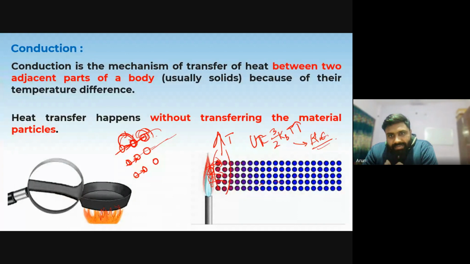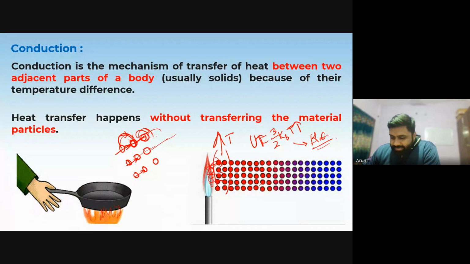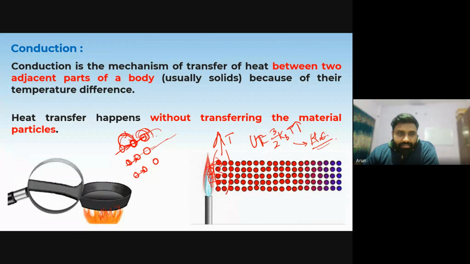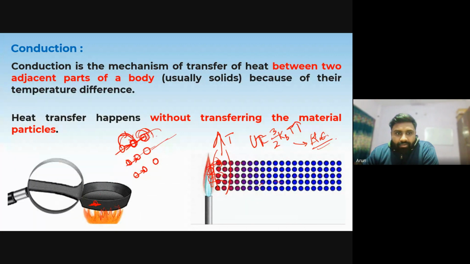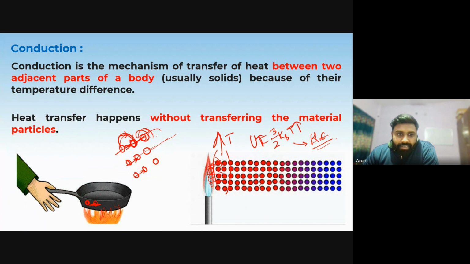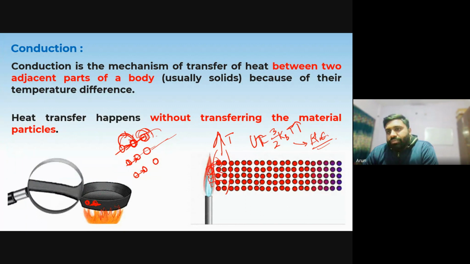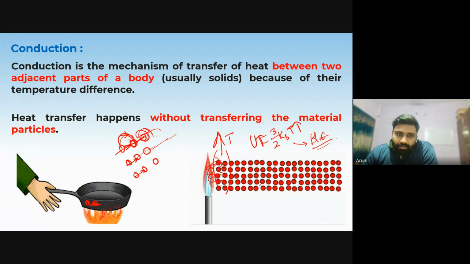It is the same in the conduction process: although heat is transferred to this atom here, it gets more and more energy, so it becomes more vibrant and collides with the adjacent atom at a much faster rate, but it is not leaving its position. Got it?